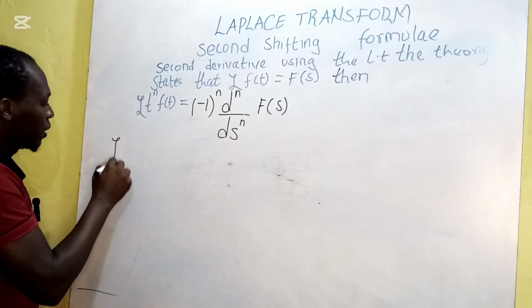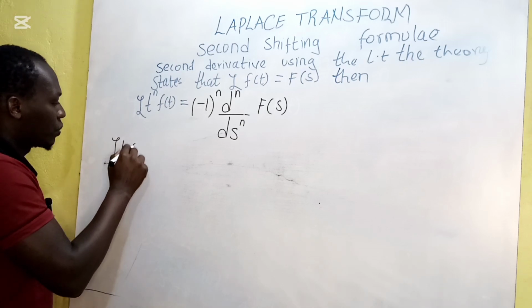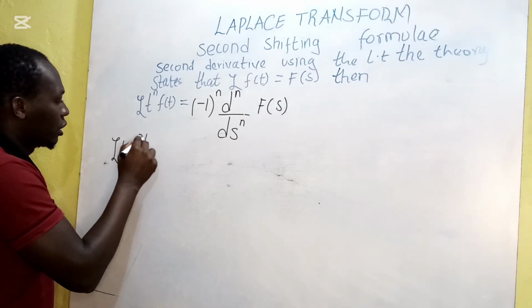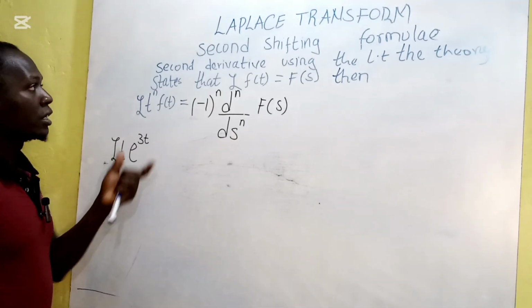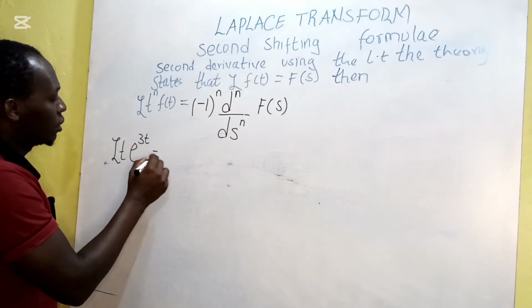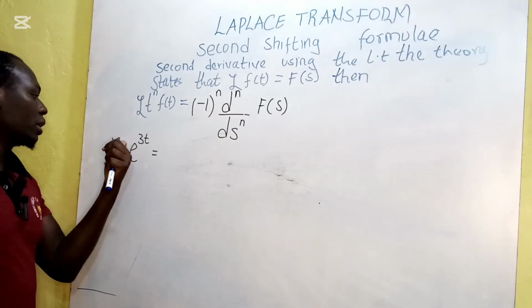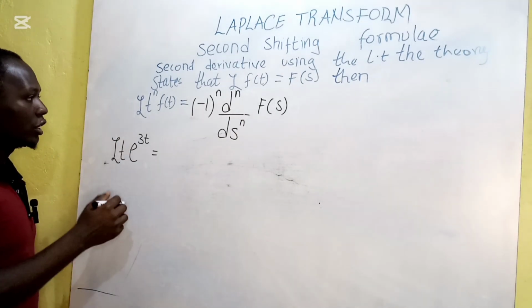You can be told to find the Laplace transform of t exponential 3t using the second shift theorem. The first thing that we agreed on is that it is going to take this kind of formula. But when we check the power of t here, it is a power of 1.